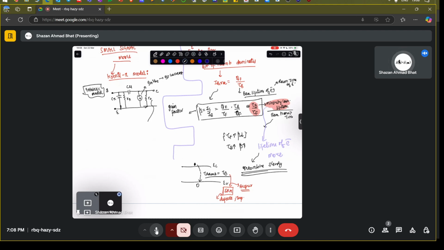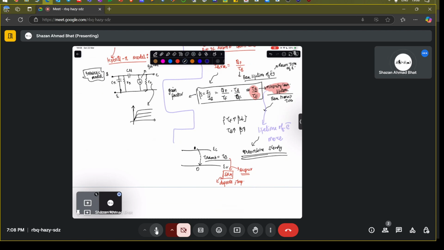Okay, and this output resistance arises if you have a finite slope in the output characteristics. If your output characteristics are flat, that means you don't have any slope, so the output resistance is infinite. When this resistance is infinite, it will be an open circuit here, and you won't have any output resistance.